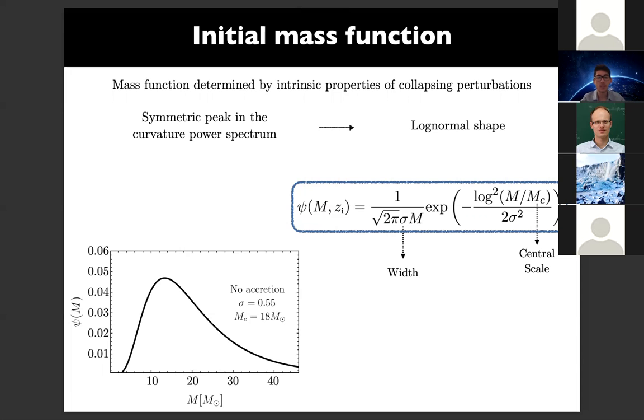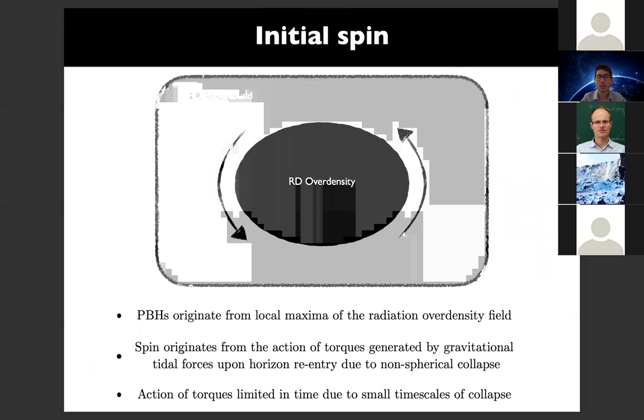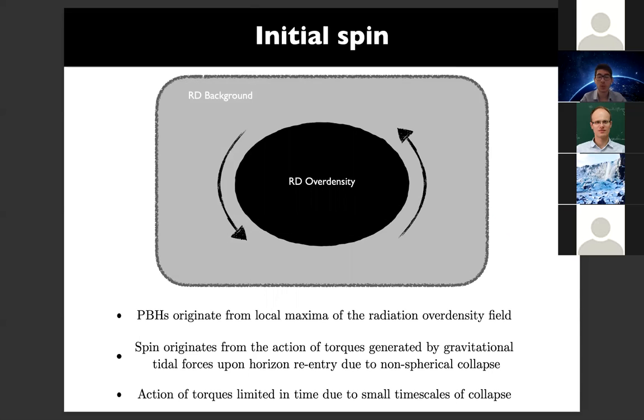So this is the first kind of property of primordial black holes at formation. And the second is related to the primordial black hole spin. As already stated before, primordial black holes originate from local maxima of the radiation overdensity field.